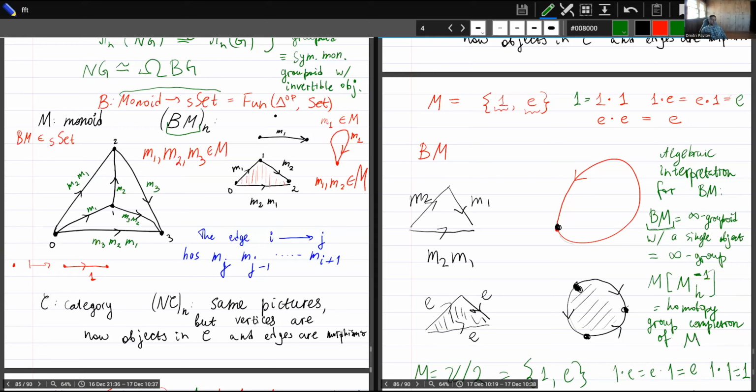In other words, when is the homotopy group completion of M, which a priori is an infinity group, an ordinary group, that is, an infinity group which is equivalent to an ordinary one.